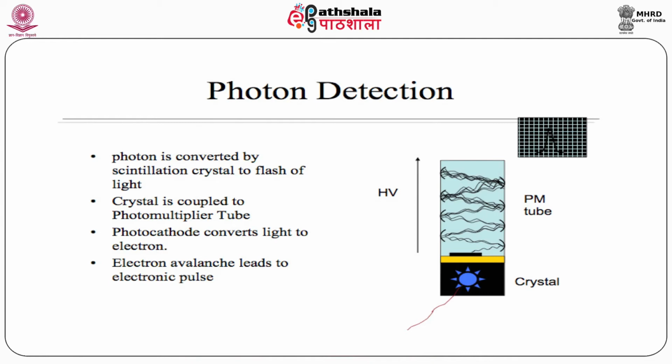This light finally hits the photomultiplier tube, which converts these light signals to electrons, which get multiplied by different dynodes coupled with different voltages, and with a lot of electrons being generated, the electrons finally give a picture, and an image is created.